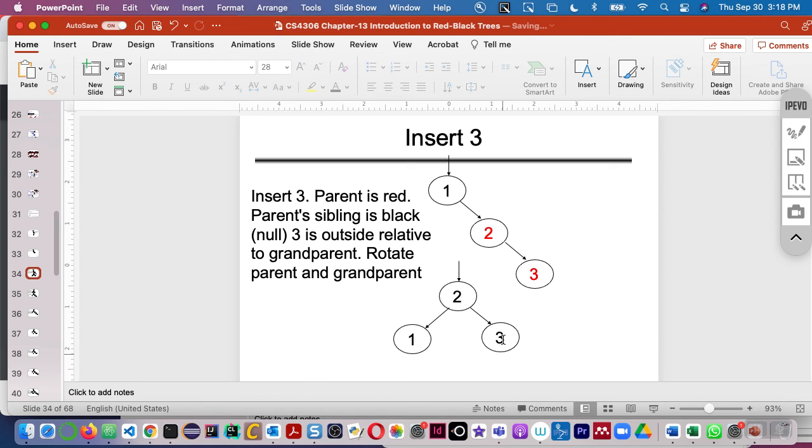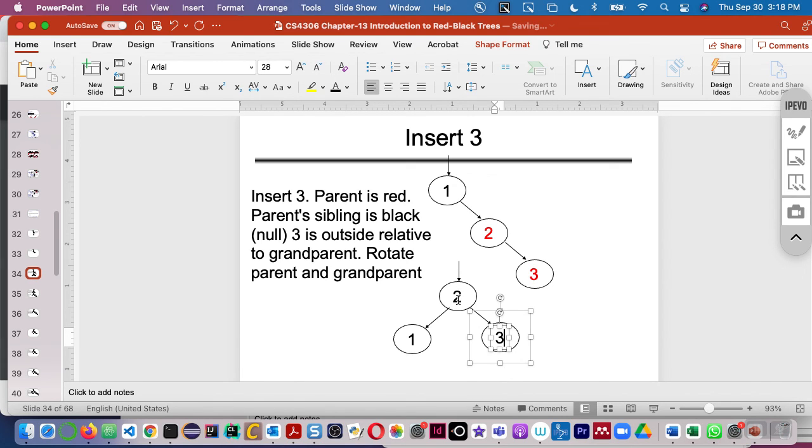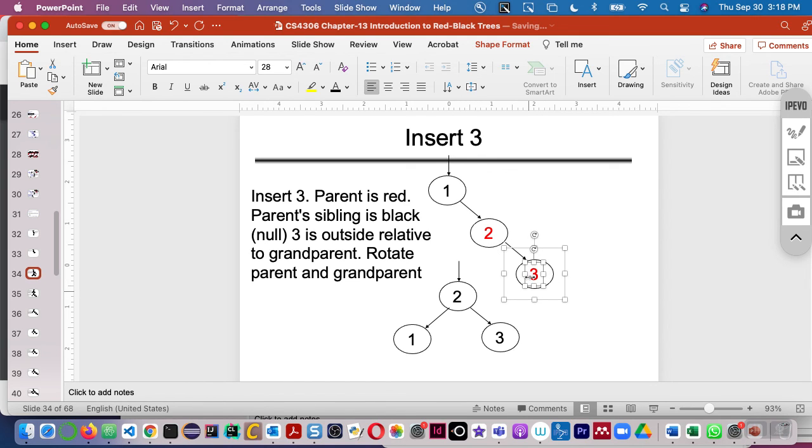Initially we need to change 3 first, because it will violate the color, right?